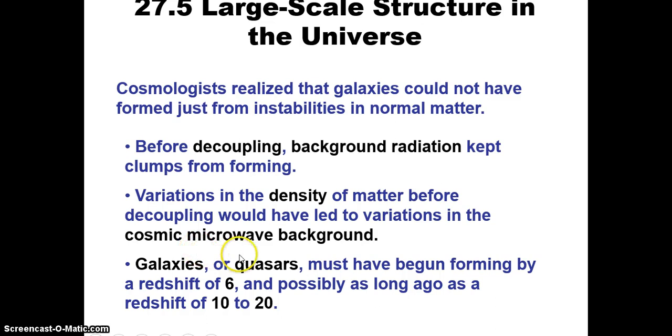instrument. Let's see. So as it says here, galaxies and quasars must have been forming around when the universe had a redshift of 6, and possibly as long ago as somewhere between, remember, the redshift is greater than 1. But relativity takes care of that, right?